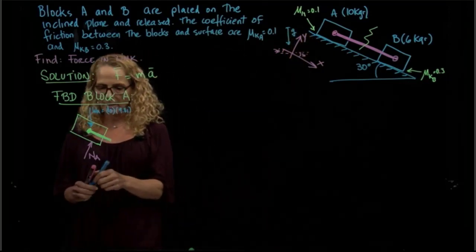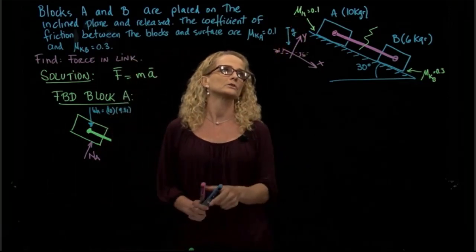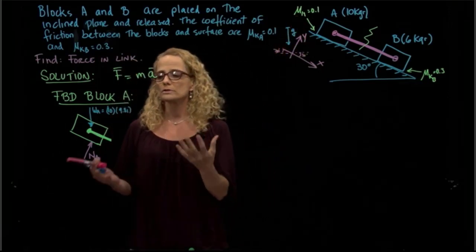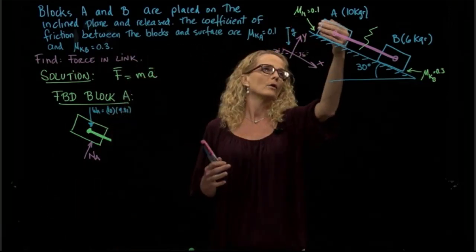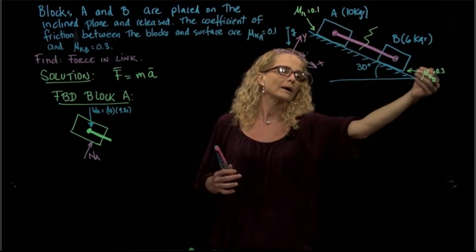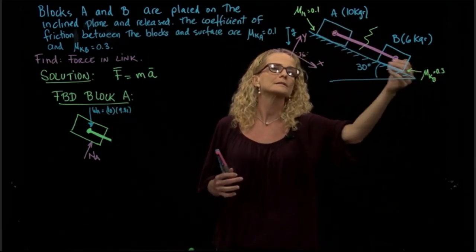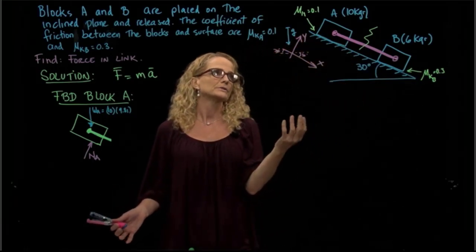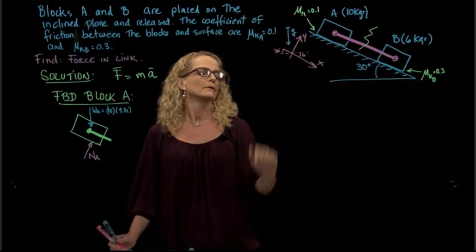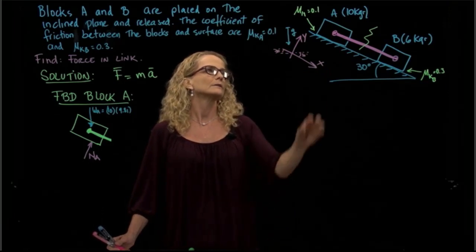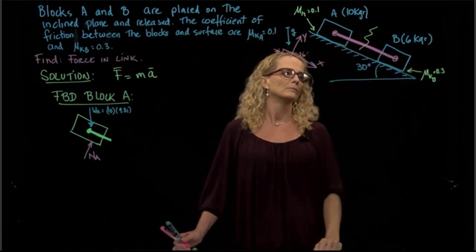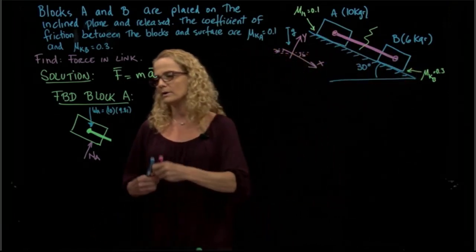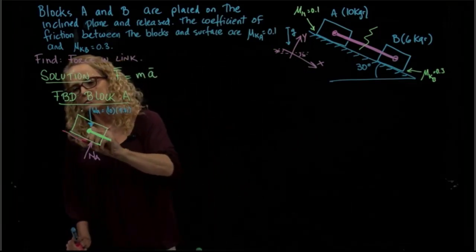What other forces do we get? We have friction, and the friction opposes motion. The whole system moves parallel to the inclined surface, and it goes down because the only acceleration acting upon the blocks is gravity. So our friction goes up.